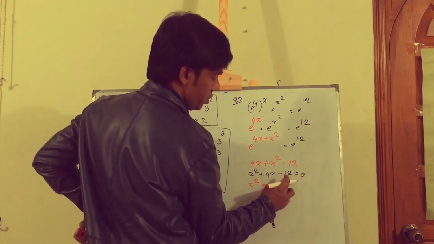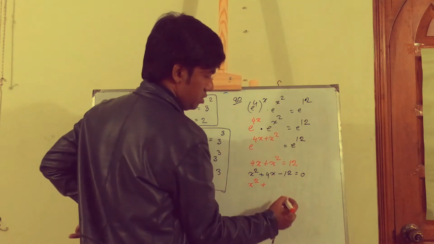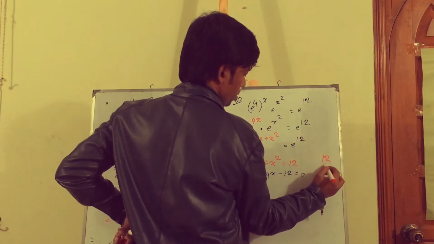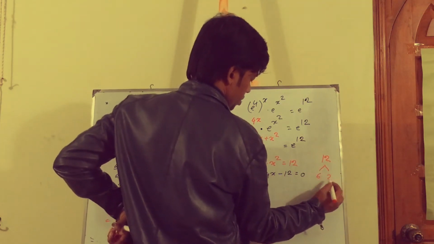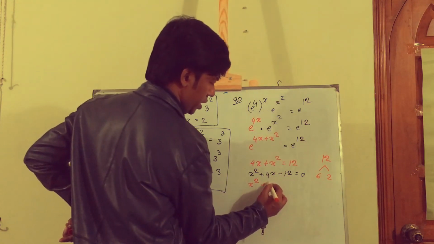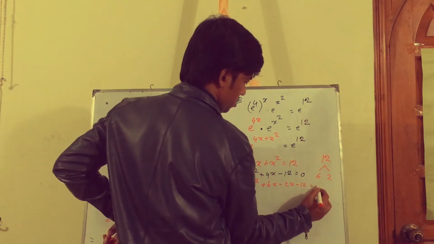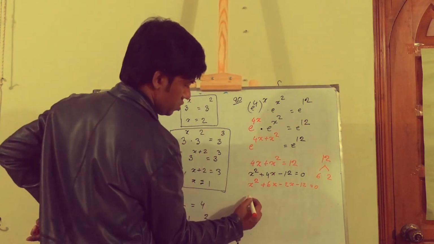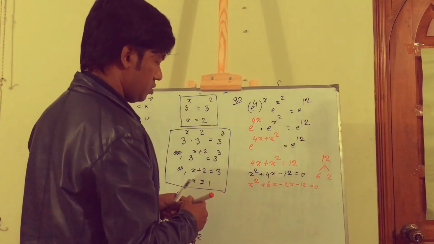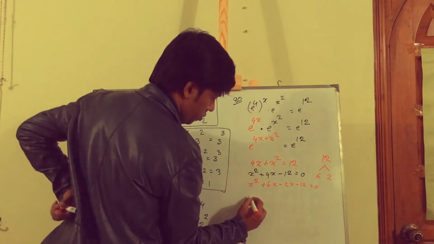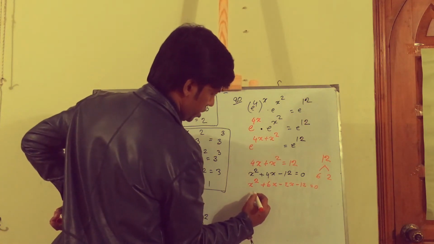12 can be separated into 6 and 2, and from 6 and 2 you can make 4 like this: x squared plus 6x minus 2x minus 12 equals 0. From this we can take x common. This is another rule we used; taking common is also another rule.